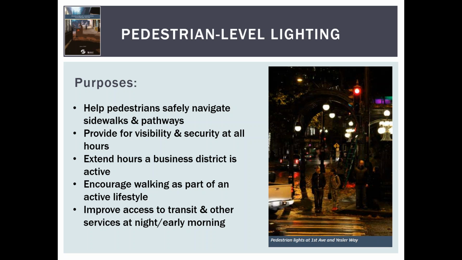Pedestrian lighting is different than roadway lighting and has multiple purposes, including helping pedestrians to safely navigate sidewalks and pathways, providing for visibility and security at all hours, extending the hours that a business district is active, encouraging walking as a part of an active lifestyle, and improving access to transit and other services.